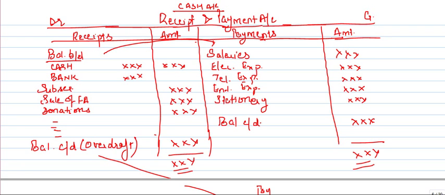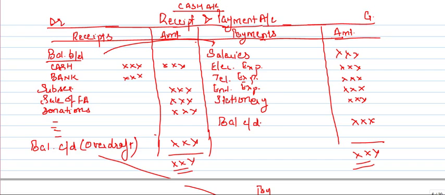The important thing that you need to remember here is that you have to record everything in the receipts and payment account. You have to record everything, whether they are the capital receipts, right? Whether they are the revenue receipts, whether they are for the current period, whether they are for the previous year, you have to record each and everything in the receipt and payment account.